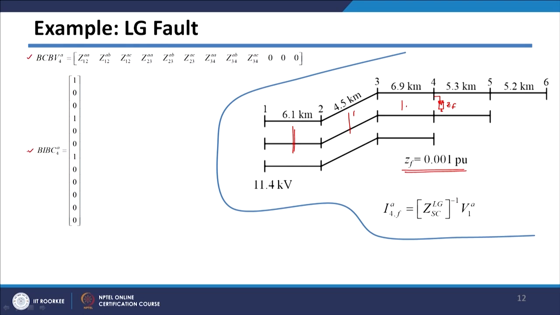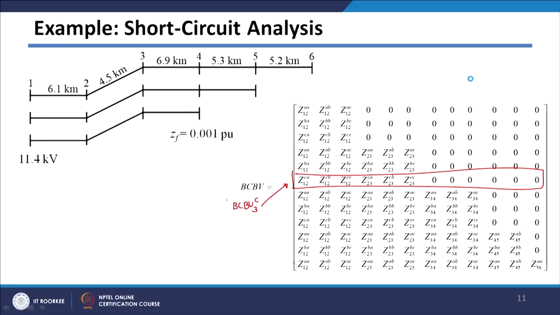Since the fault is occurring on bus number 4, phase A, I am taking the BCBV matrix row corresponding to bus number 4 and phase A. So, I am taking this row here.